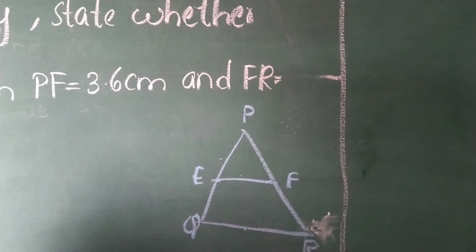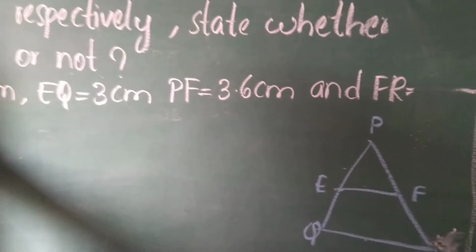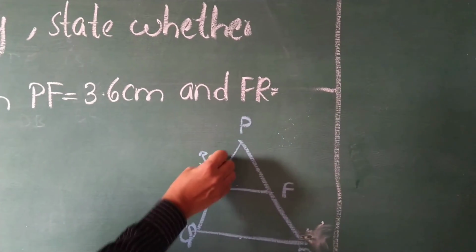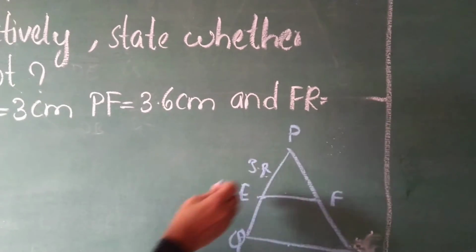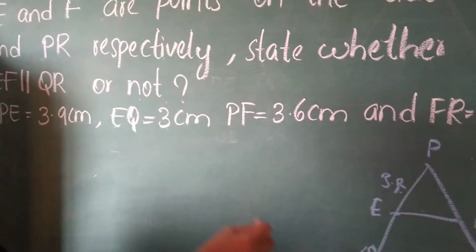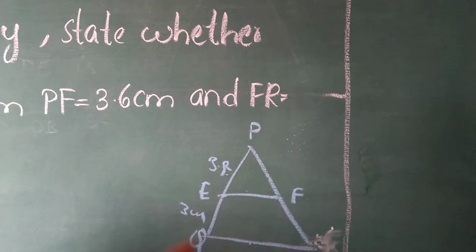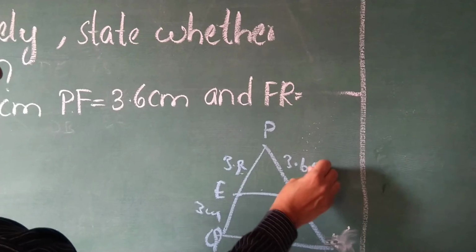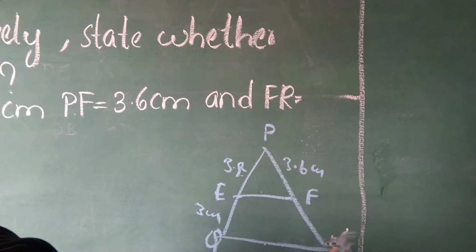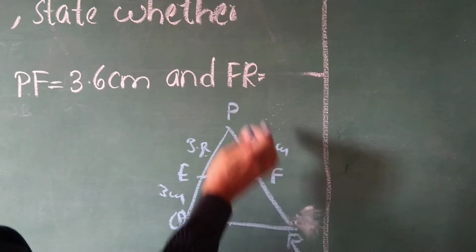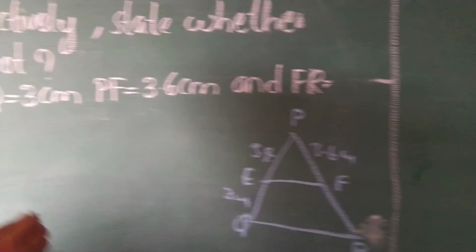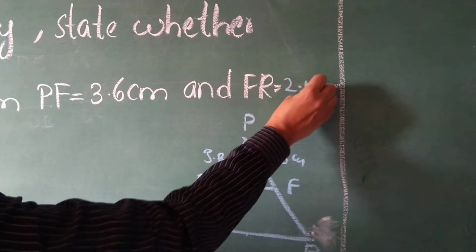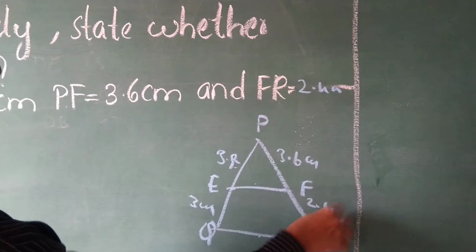In the first part, PE is 3.9 centimeters, EQ is 3 centimeters, PF is 3.6 centimeters, and FR is 2.4 centimeters.